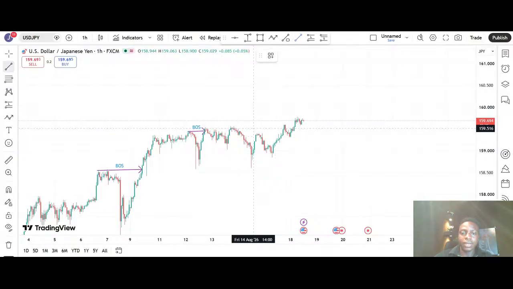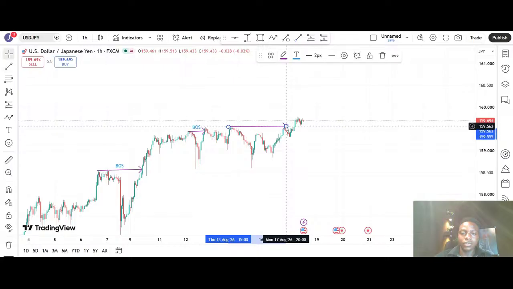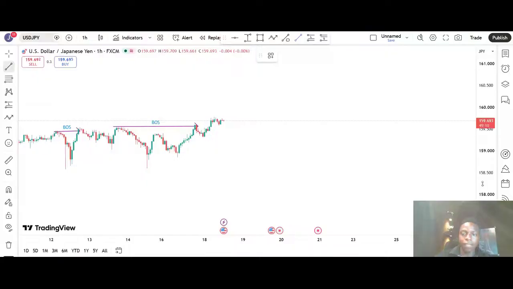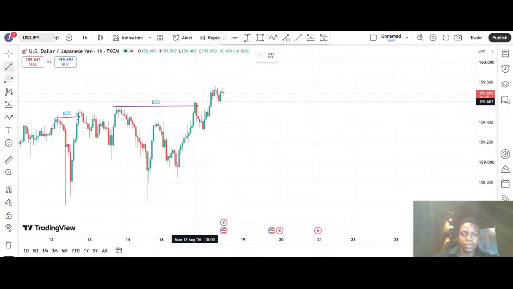We have another break of structure around this zone, and a break of structure even around this place.